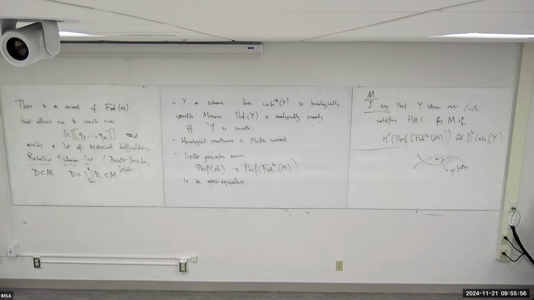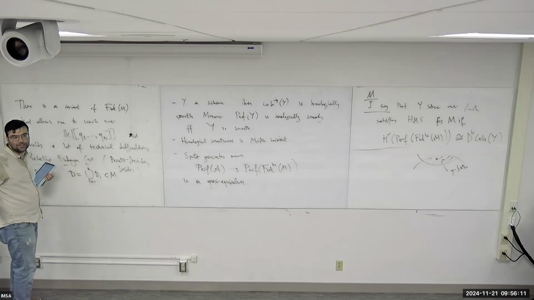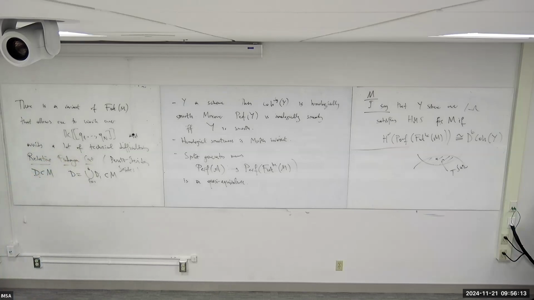A DVR is dimension one usually. Okay, sorry, I used the wrong word. Let's just take it to be complete local. Great. I just meant it doesn't have this accumulation of valuations. Anyways, let's continue.